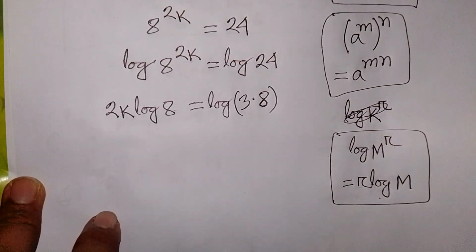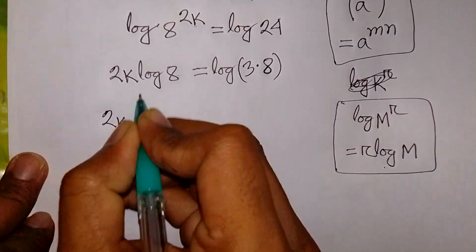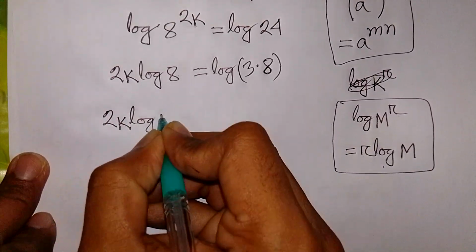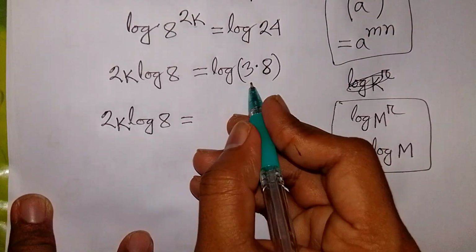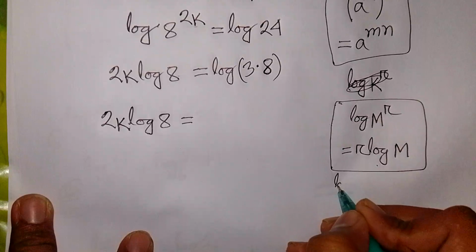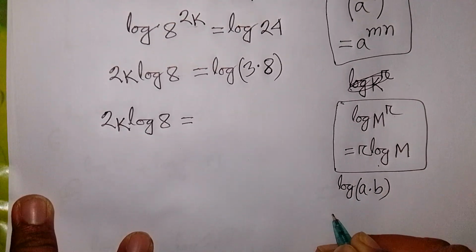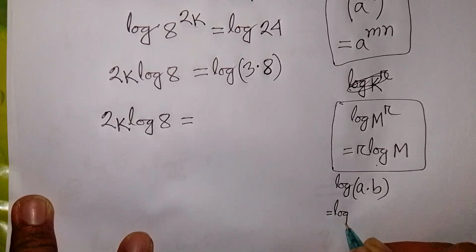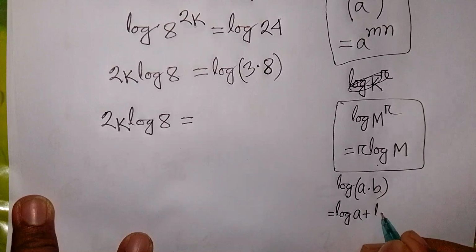In the next step, we have 2k log 8 is equal to log of 3 times 8. So here we apply this formula: log of a times b is equal to log a plus log b.